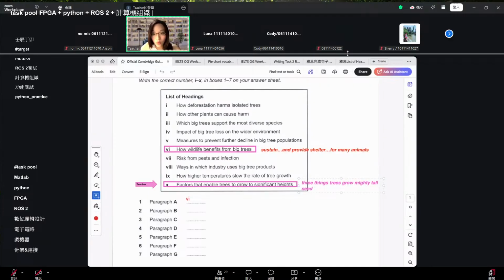Okay, so they would say 1, 2, and 3, right? So that was literally explained for itself. It says factors. So we have all of those 3 things as factors. They were 1, 2, 3. 1, what was it? Right place. 2, good growing condition. 3, lots of time with low mortality rate, right? So those are the factors.